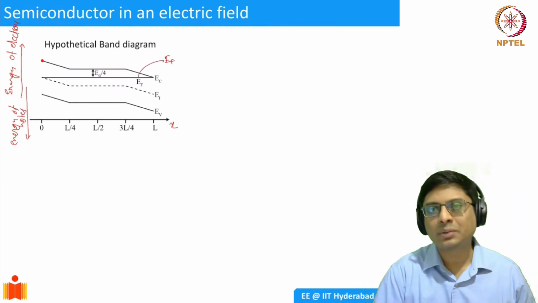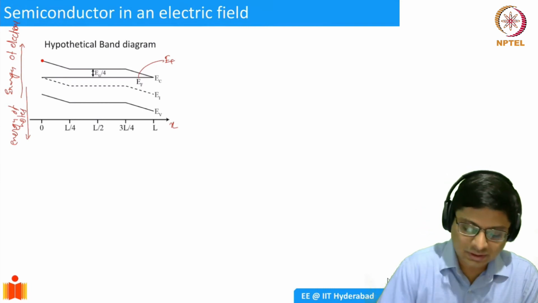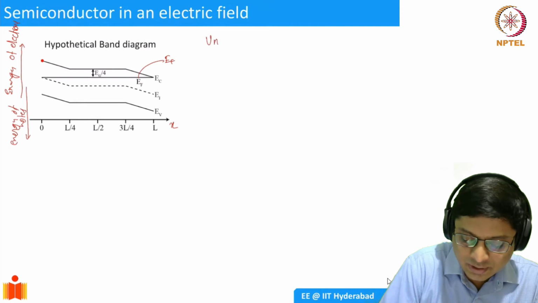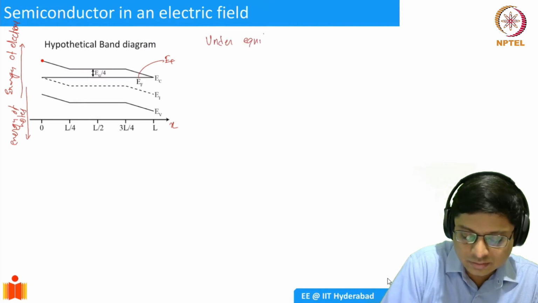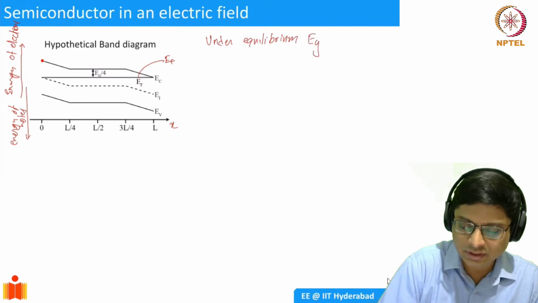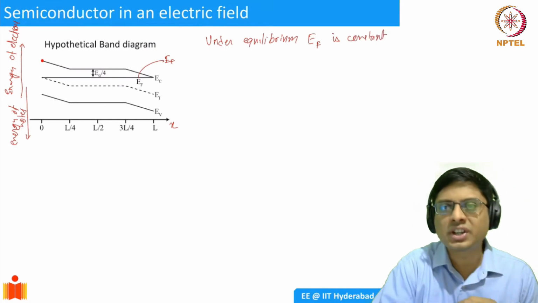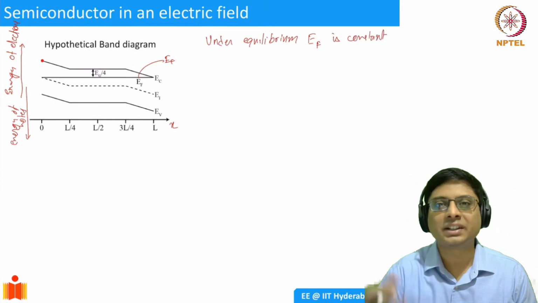And EF is shown to be constant in a semiconductor. That is, whenever you have equilibrium conditions, EF is constant. It cannot change with x. There is no gradient in EF.